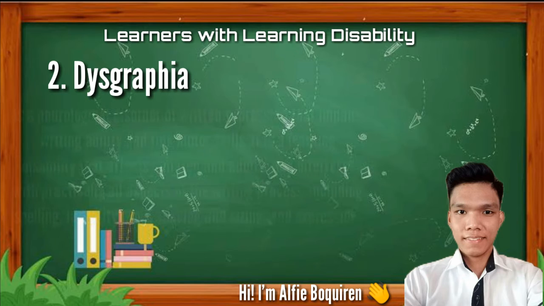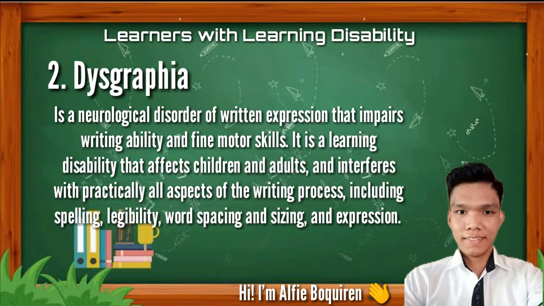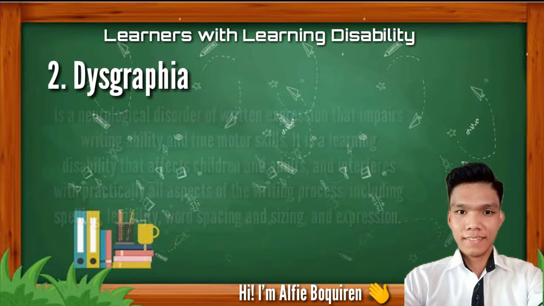Dysgraphia is a neurological disorder of written expression that impairs writing ability and fine motor skills. It is a learning disability that affects children and adults and interferes with practically all aspects of the writing process, including spelling, legibility, word spacing and sizing, and expression.